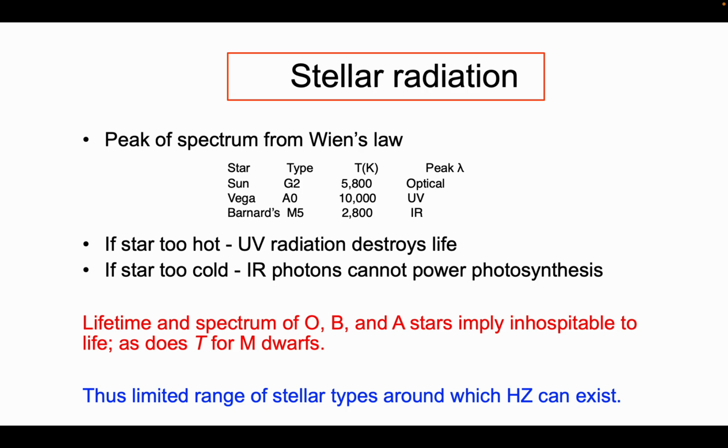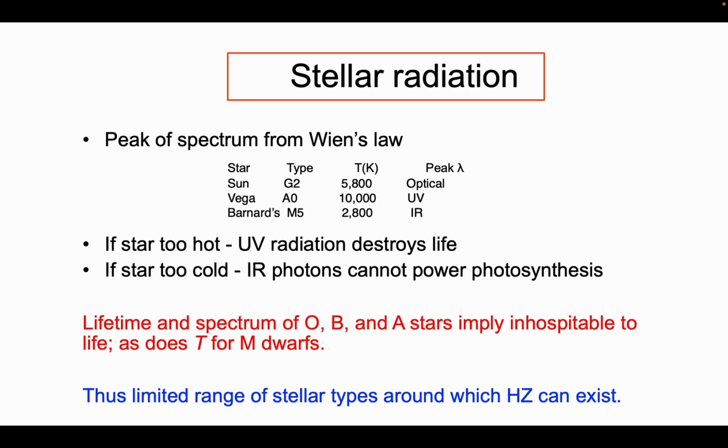We know that UV radiation destroys life, any life. So very hot stars, the O-type, B-type or A-type stars, cannot form life, as expected. If stars are too cold, infrared photons cannot power photosynthesis.